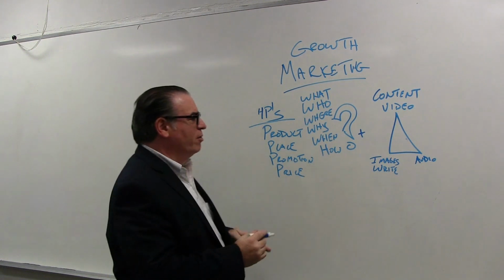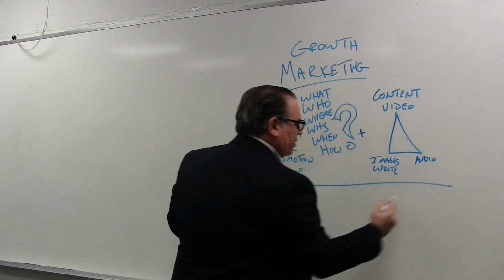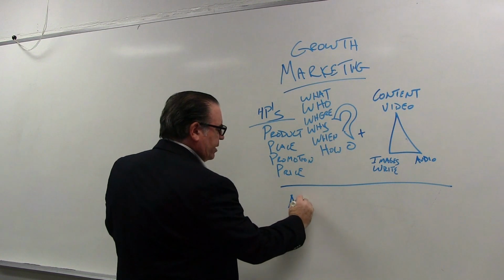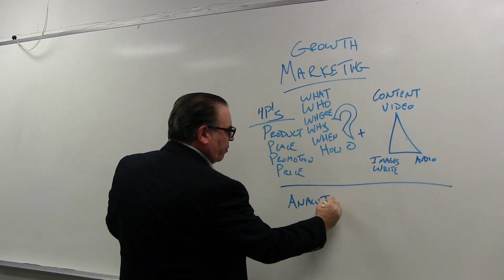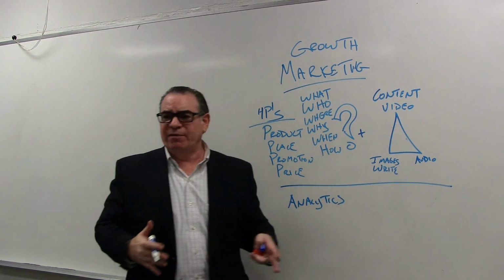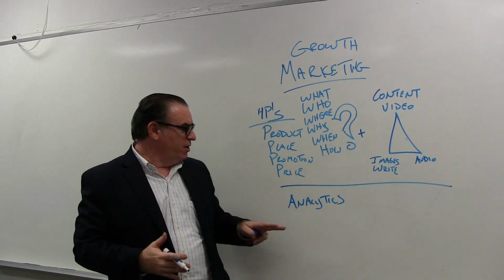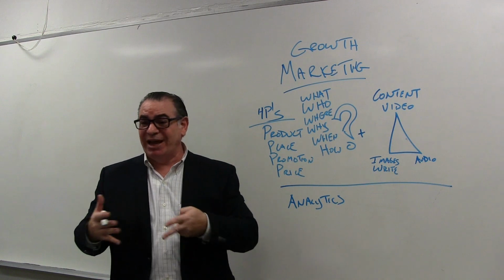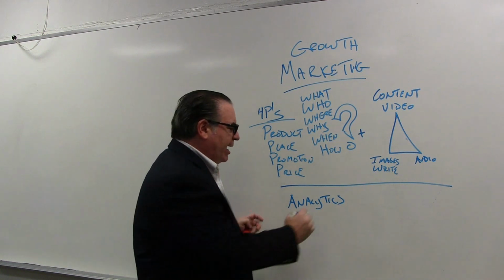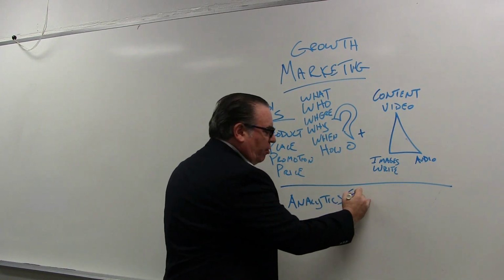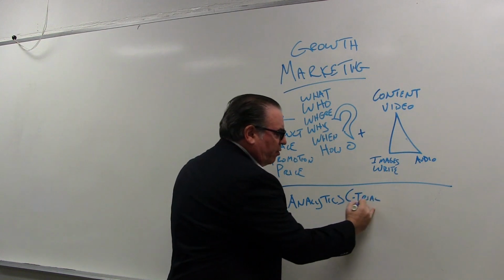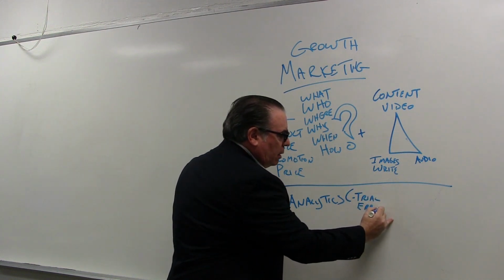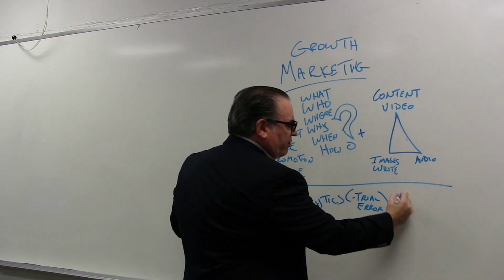Now, if I take all that and I put that over analytics, right? With all the analytics that we have now are important, I'm able to figure out what I'm doing right and what I'm doing wrong with the use of analytics. So I would back out, minus, all the trial and error stuff over here, and then I would get better results, right?